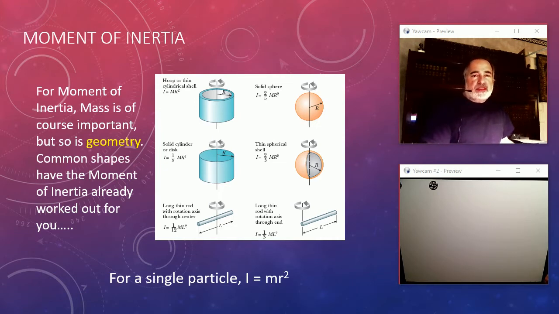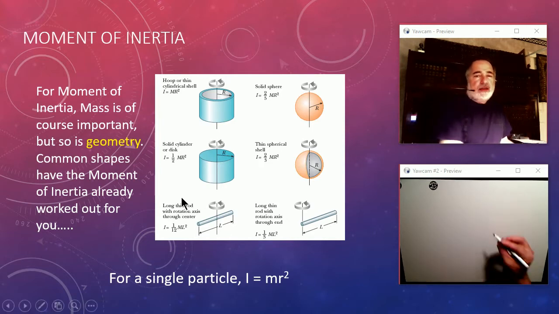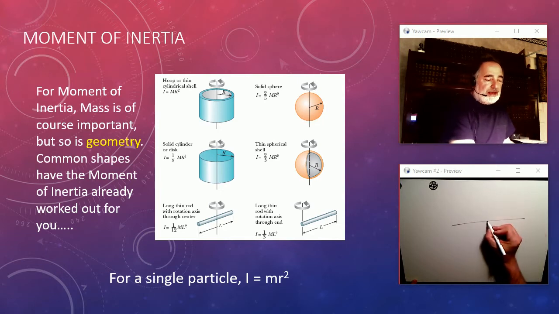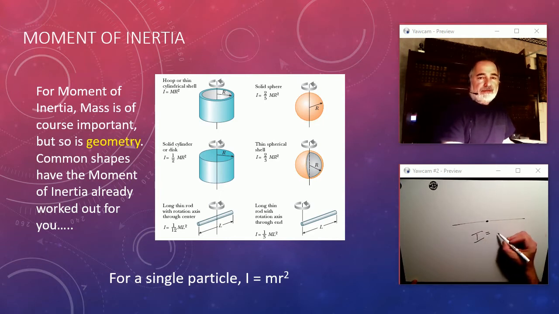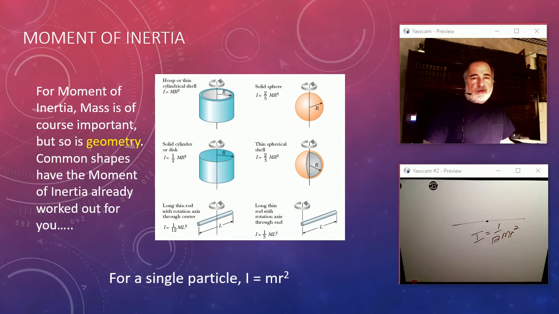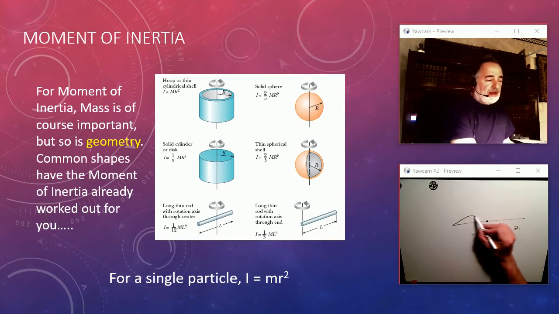For instance, if we look here on the screen, if we have a long thin rod that is rotated through the center, its moment of inertia is 1/12 ml squared, where L is this length.